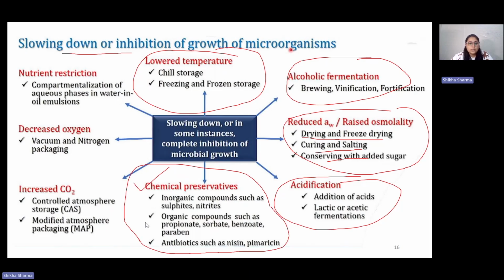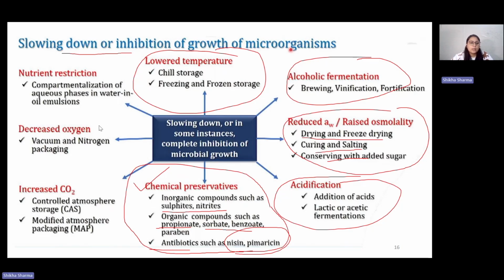Then chemical preservatives can also be used, like sulfides and nitrites. Some organic compounds like sodium sorbate, sodium benzoate, parabens or calcium propionates can be added as chemical preservatives. Sometimes antibiotics like nisin can be added to the food product so that the growth of the microorganisms can be inhibited by the chemical method.